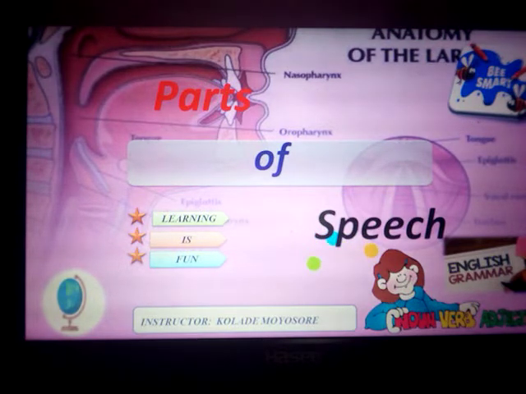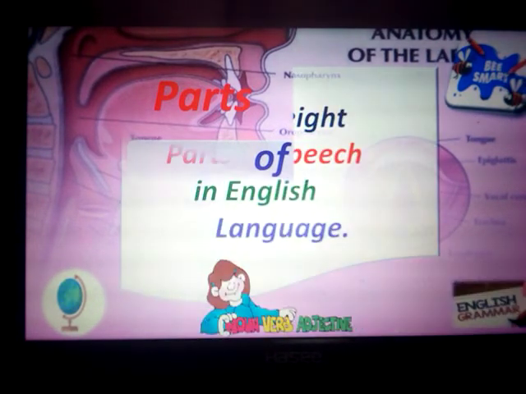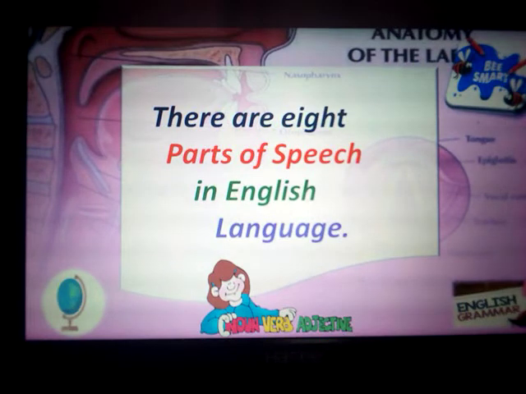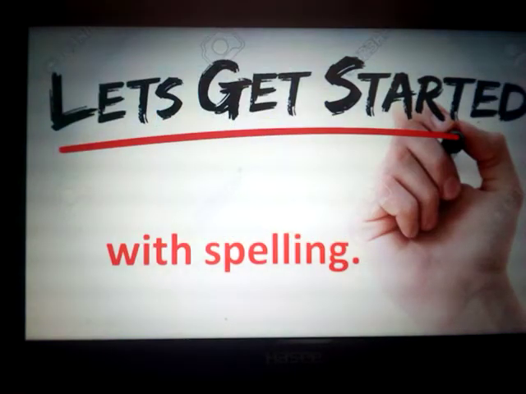But we are going to be looking at grammar today, and we're looking at parts of speech. It's going to be fun, I promise you. We have 8 parts of speech in English language. Now, before we look at them, let's get started with spelling.